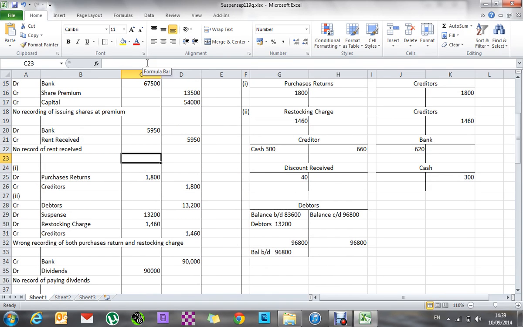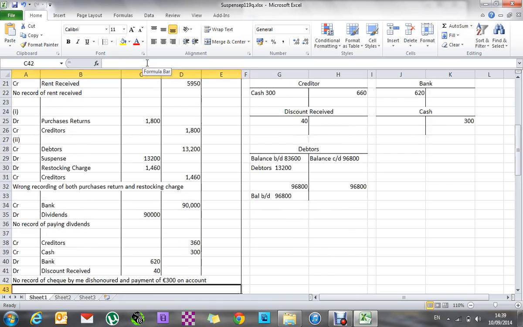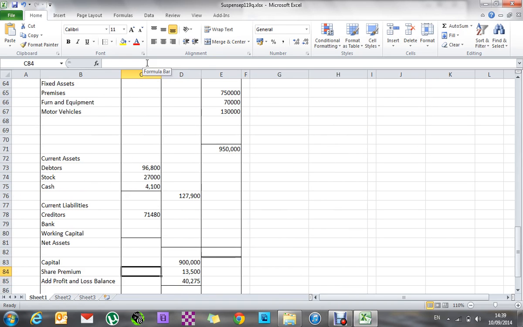It's plus 1460, and it's plus 1800. So I forgot that one. If you look at the top of the screen, you'll see the entries that I'm making, and you'll see where the formula I have down here comes from. The figure is my trial balance and the four changes that we made to creditors.